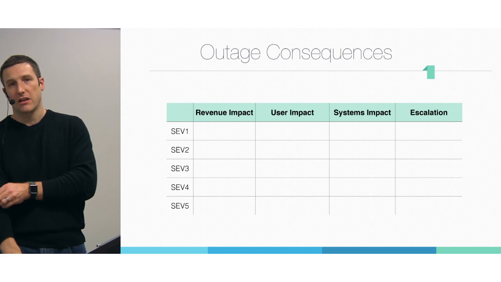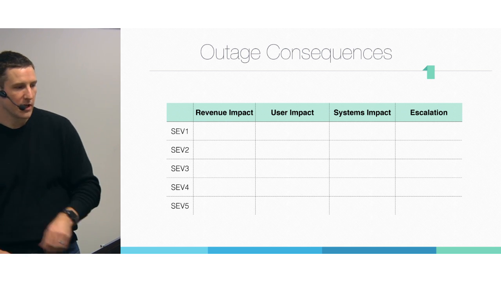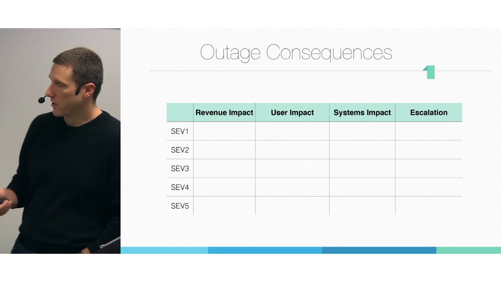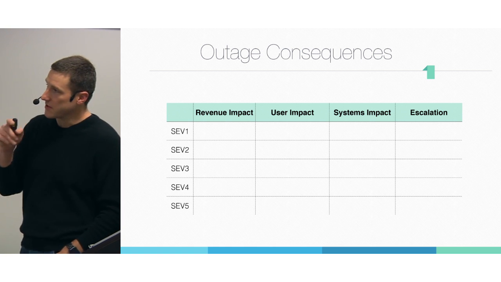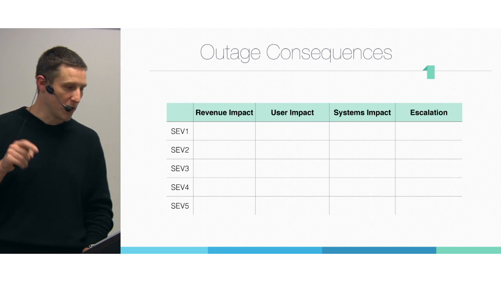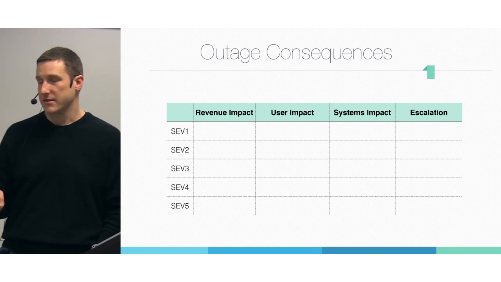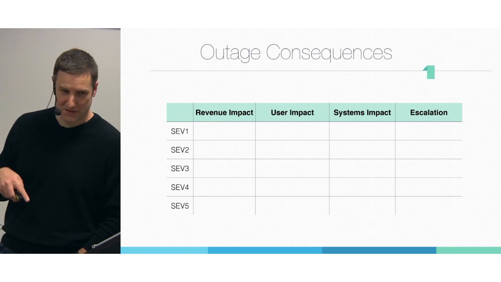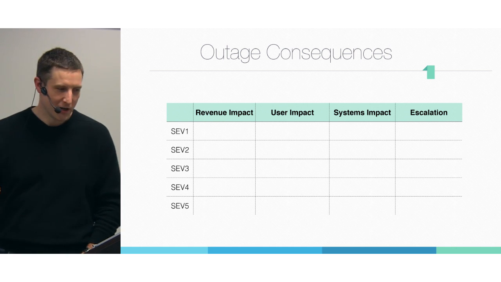And having an understanding of that up front is really important in order to figure out how you address the situation. One of the important bits there in this sample table is the escalation. At what point do you escalate, and what does it mean to escalate? How do you escalate from a SEV1 to a SEV0 where it's all hands on deck? Who knows?